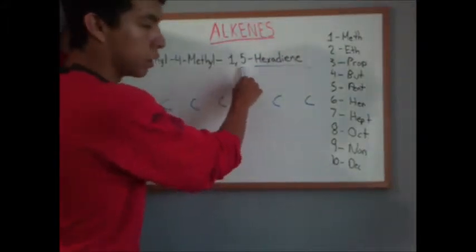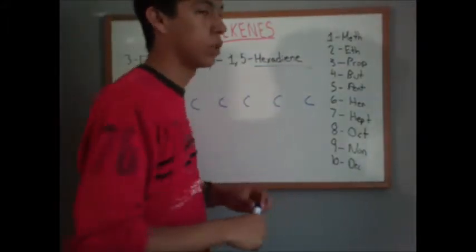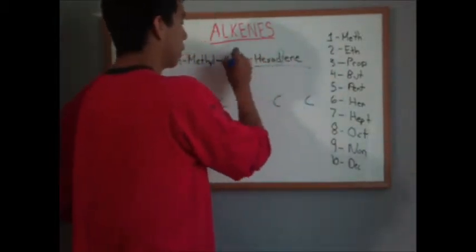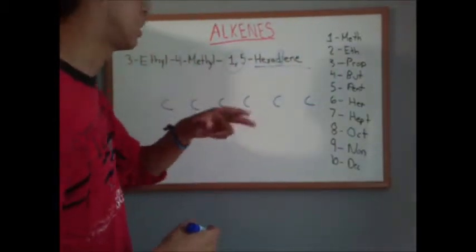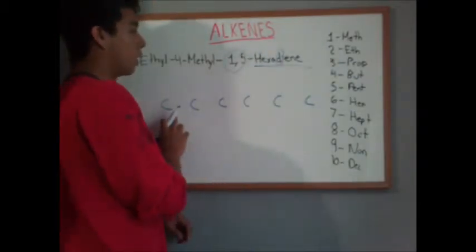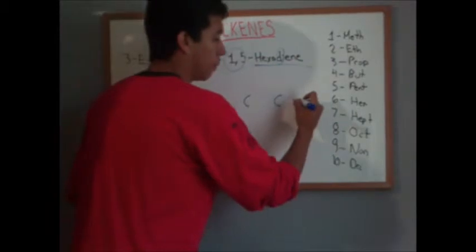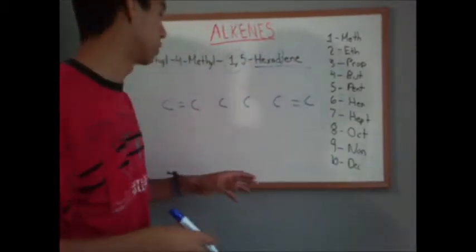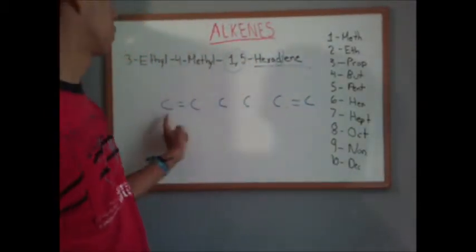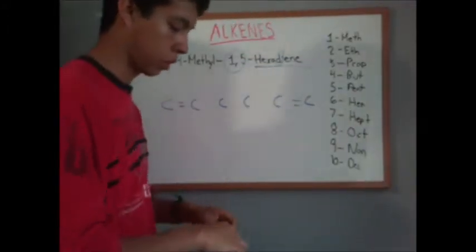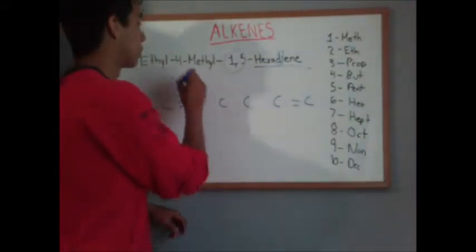These numbers give me the location of the double bonds, and I notice that it has 2, because of the number, the diene. So in the carbon 1 and in carbon 5 we have double bonds, 1 and 5. 1, 2, 3, 4, 5. Yes, the 5. And then we're going to focus on the substituents.